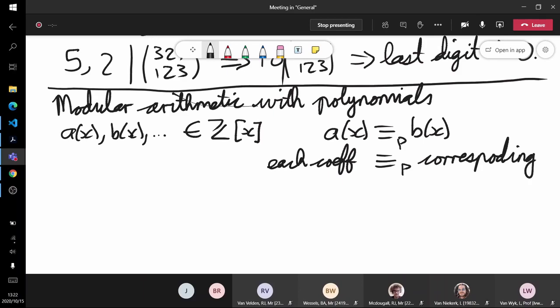So the constant term for A is congruent to the constant term for B. The linear term for A is congruent to the linear term for B, and so on. And if you add two polynomials, each of which is congruent to another one, you can just add on both sides. You can multiply polynomials and it behaves the way you would expect modular arithmetic to normally behave.